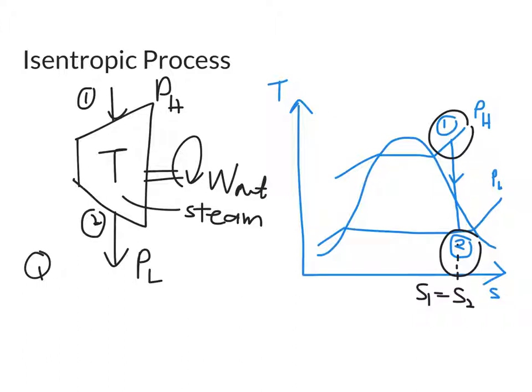Unfortunately, in the actual plant, your flowing fluid will always have fluid friction. Therefore, it is going to generate some heat, and eventually it will affect your S2 value, where this is going to be your actual, because there's heat generated due to the fluid friction.